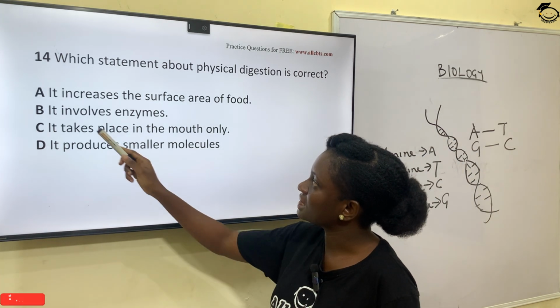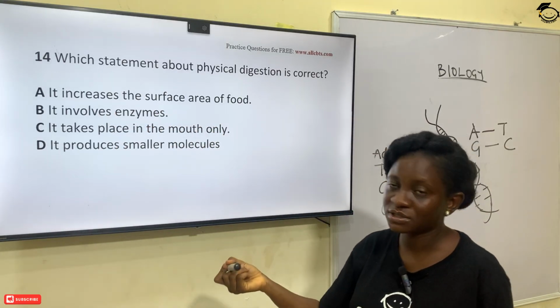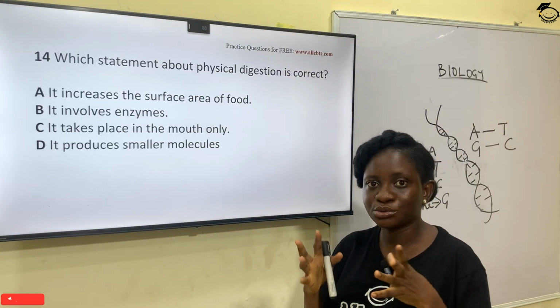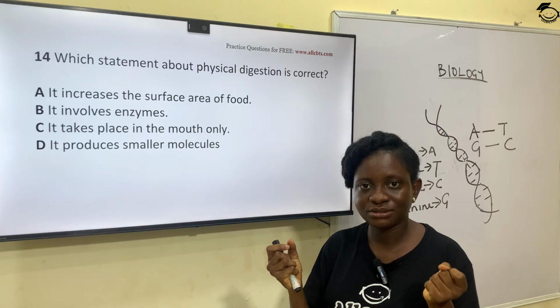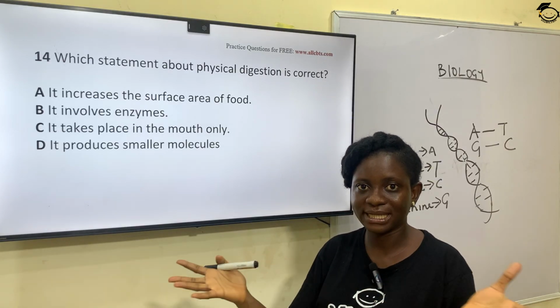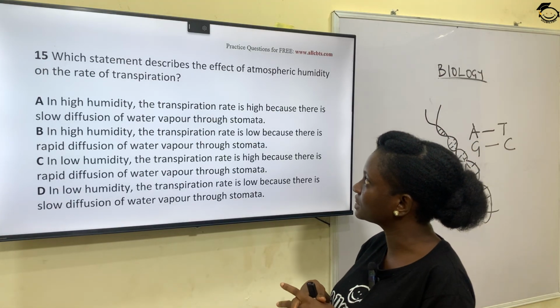So the correct answer here is it increases the surface area of food. Physical digestion, chewing, helps to break large pieces into smaller pieces so that the surface area is increased for the reaction to take place properly.